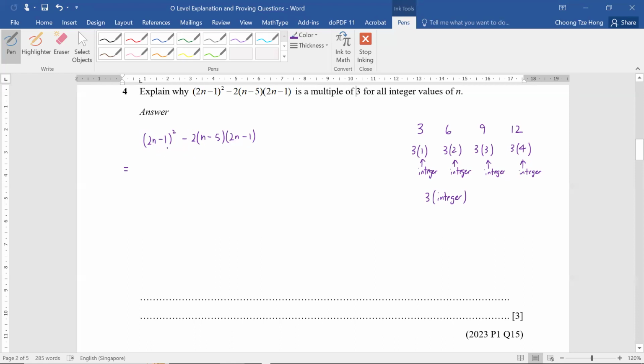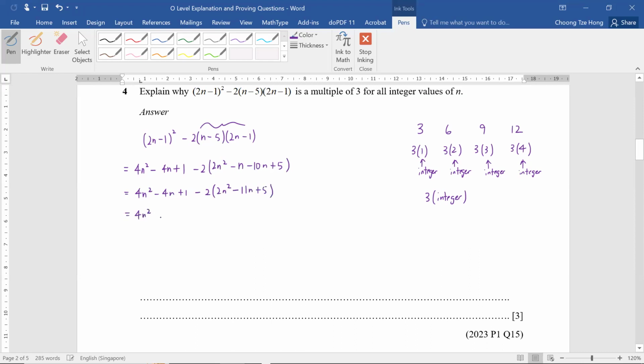Expanding (2n − 1)², we get 4n² − 4n + 1. Then let's expand the two brackets first, so we get 2n² − n − 10n + 5. Simplifying inside the bracket, we get 2n² − 11n + 5.